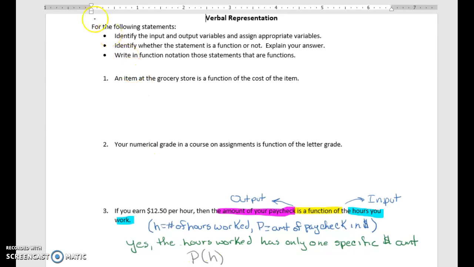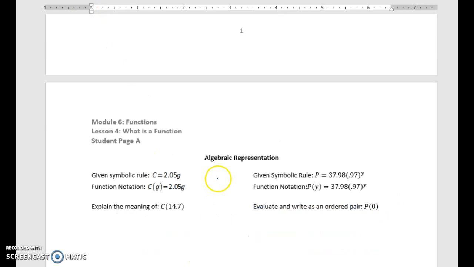The last way that we represent functions is by an algebraic representation. We can do this in two different ways. We can have a symbolic rule or the function notation. And remember, we use function notation anytime we know that the situation is defined as a function.